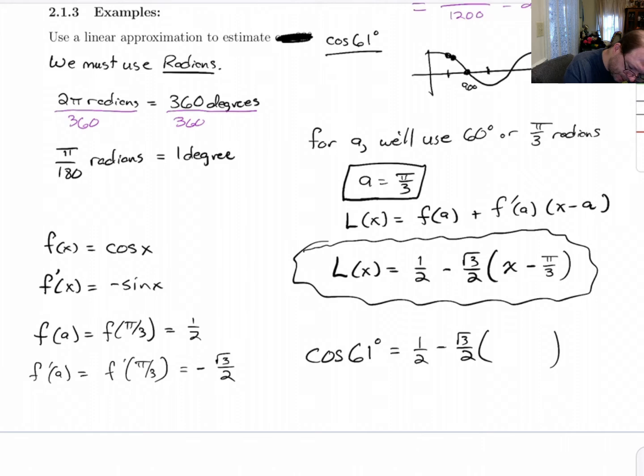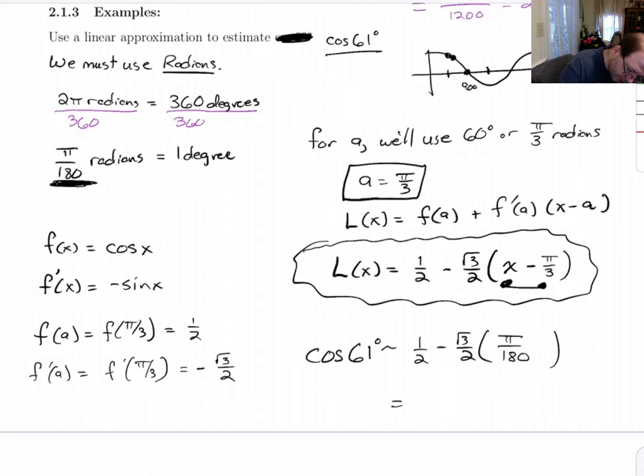Now, keep in mind, this is the difference between the value we're plugging in, 61 degrees, and our A. So the difference in 61 degrees and 60 degrees is just 1 degree, which is pi over 180. So I'm going to put in pi over 180 here for this value. And now this is going to give me the answer.